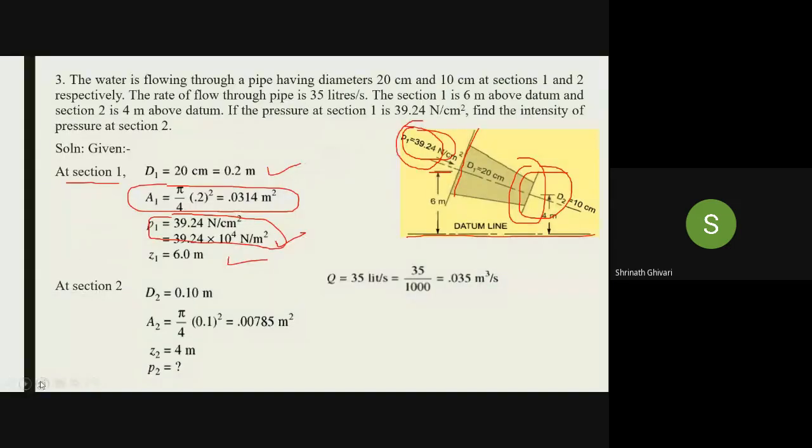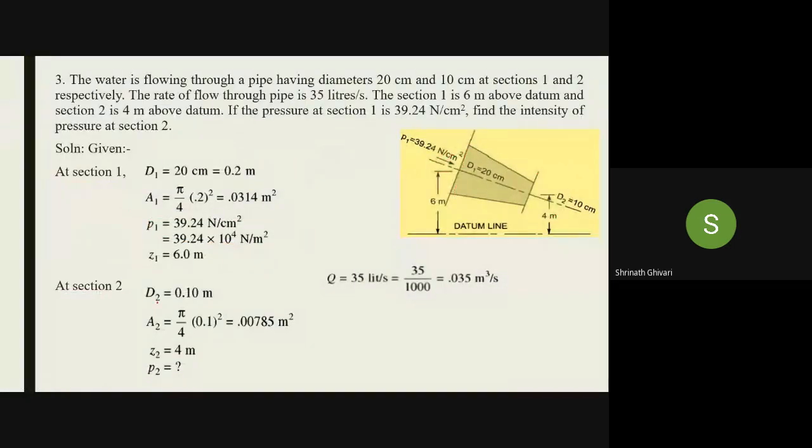Then what is given at the D2 point? 10 centimeter, that is 0.10 meter. The area is 0.00785 meter square. You have to find the area because you have to know the discharge at the end. Then Z2 is 4 meter. Then P2 you have to find out. Now, which formula am I going to use to find the pressure P2?